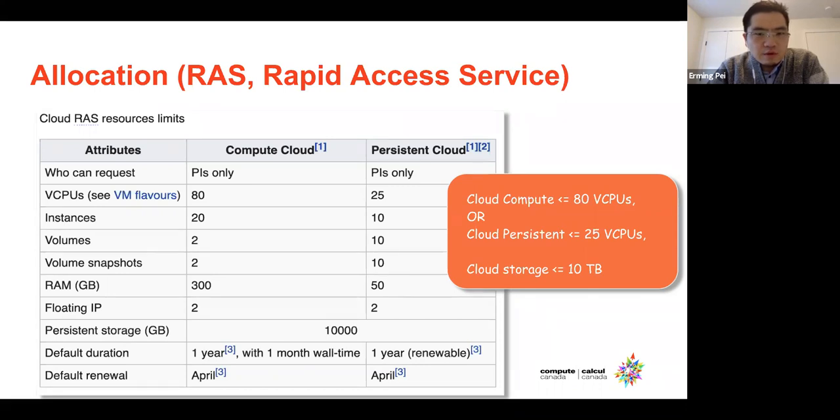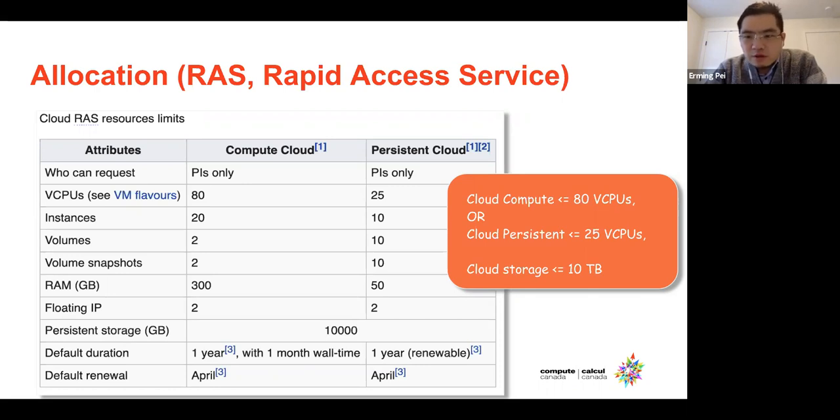But for cloud users, if you just need some resources rapidly, you can use RAS. There are two categories: compute cloud or persistent cloud services or resources. I will introduce this in the next few slides.